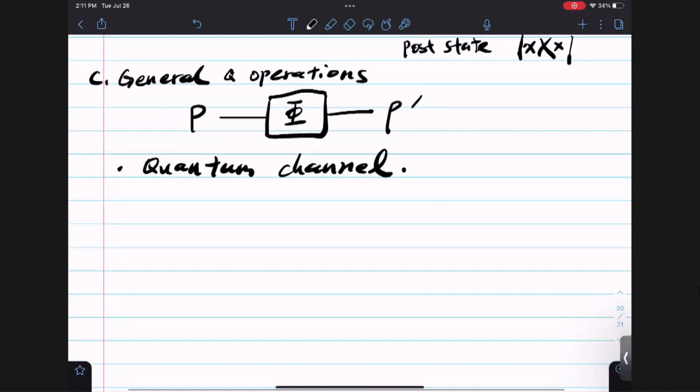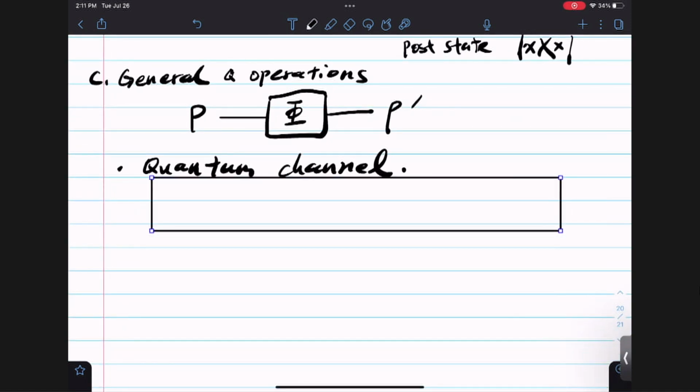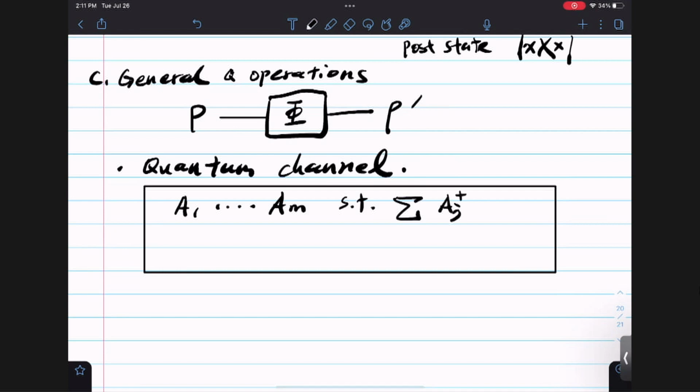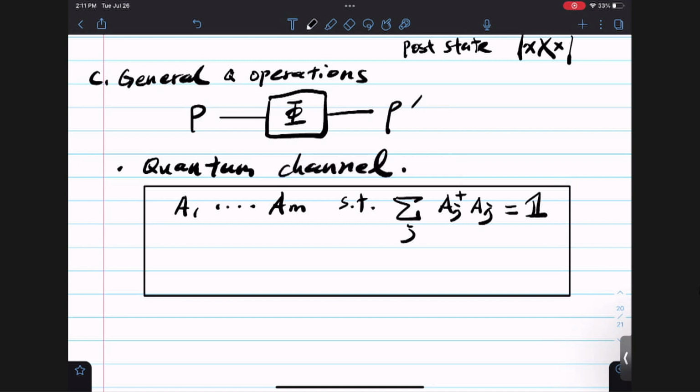Let me give the mathematical definition of a quantum channel, and it's based on matrices. Let's consider M matrices such that if we take each one, A_j dagger, and multiply with A_j itself and sum over all the j's, we get identity. This is the condition we want for these matrices.